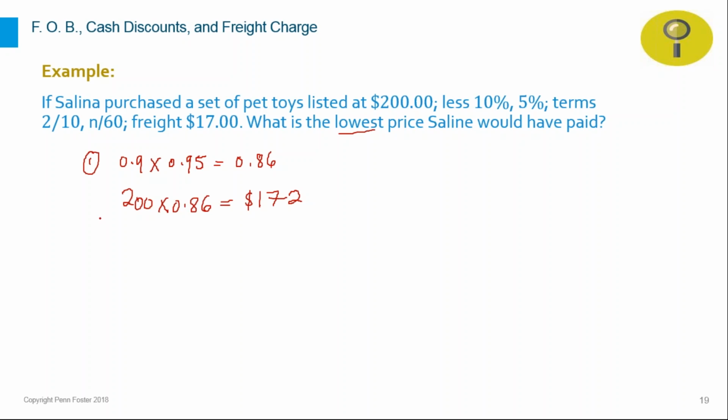The 2% is 0.98 if you look at the complement. So you take 172 times the complement of the 2%, 0.98. And that will give you the selling price after the 3 discounts, $168.56.